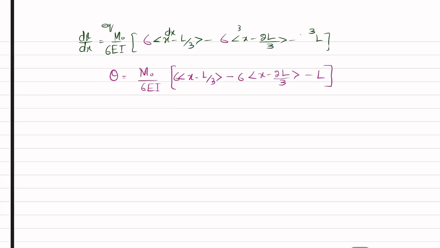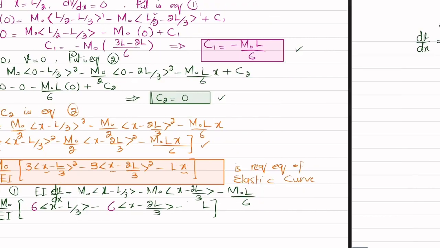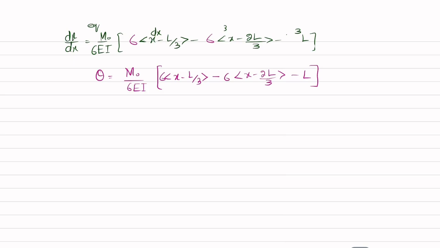Kindly make a correction here. When you take 6, here you will be having 6, because when you multiply it you will get the same equation. Okay. So this is the slope equation.